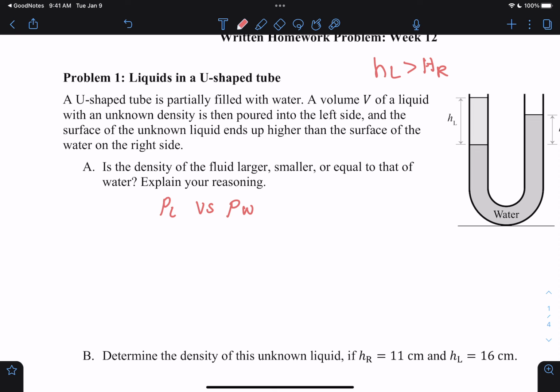Is it larger, equal, or smaller? Anyone have any ideas here?